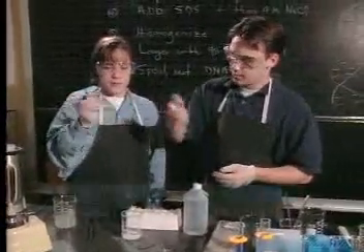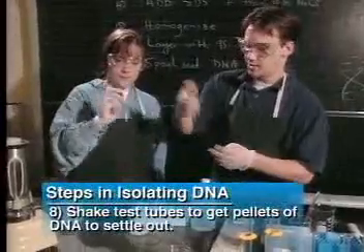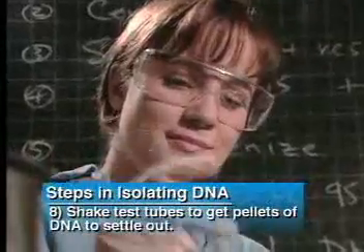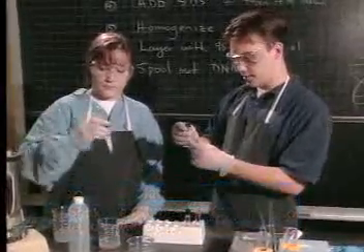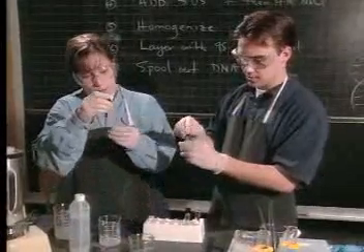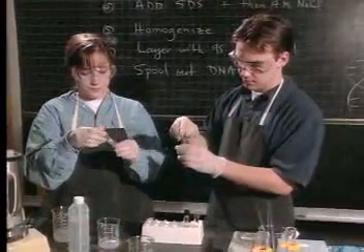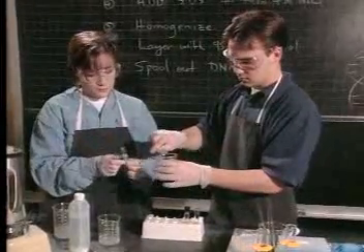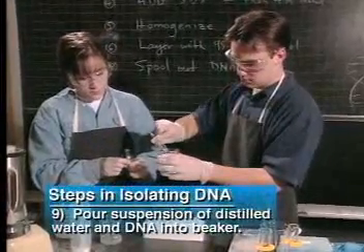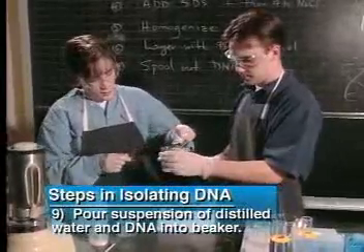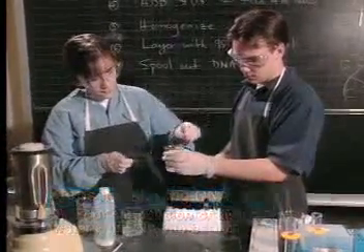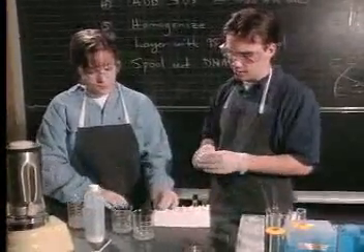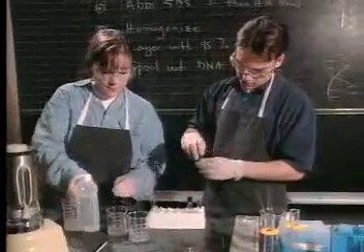It's supposed to get the pellet out, so it's easier to mix. All right, well, let's pour the suspension into that beaker. Go ahead. All right, now if you can add the distilled water till it's 50.